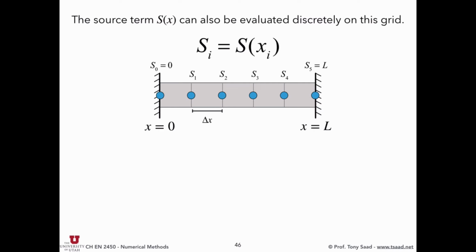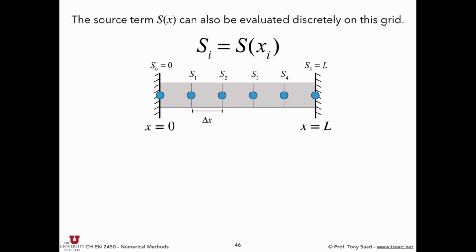We can evaluate s of x at each one of those x's that we just defined. For shorthand notation, I'm going to call s_i equal to s of x_i, just for simplicity. So s1 is s evaluated at x1, s2 is s evaluated at x2, and so on. At each one of those grid points, there is a value for s.